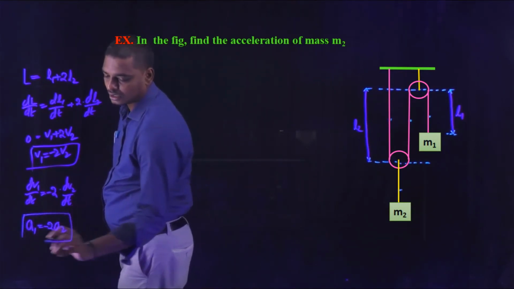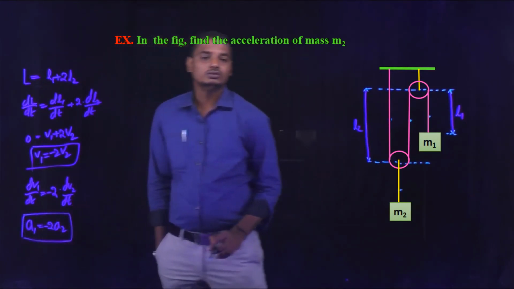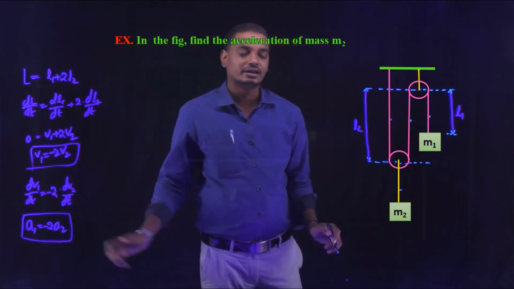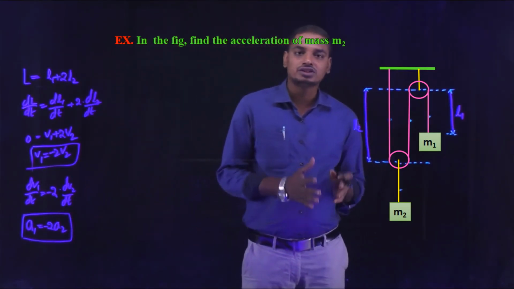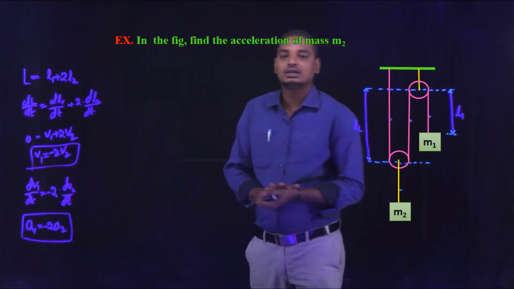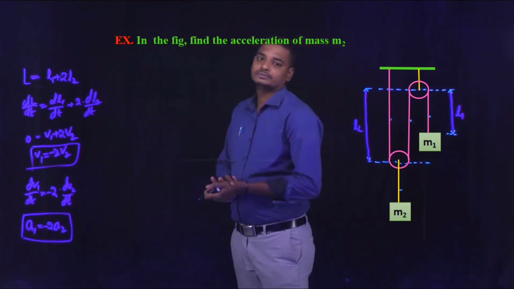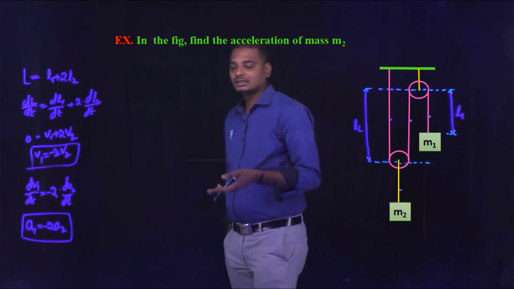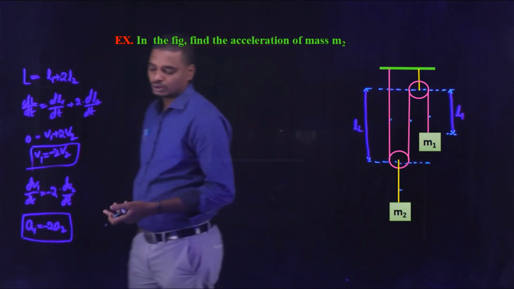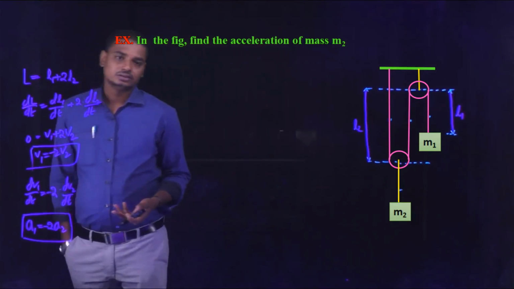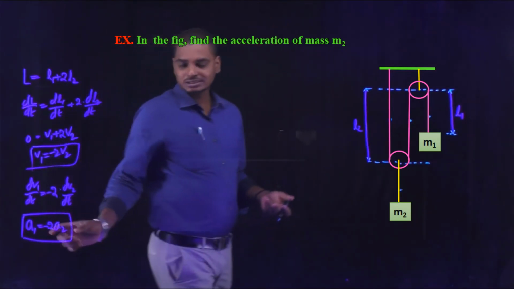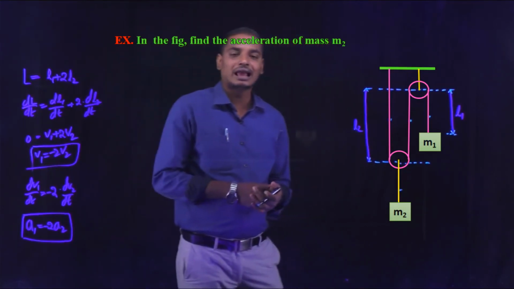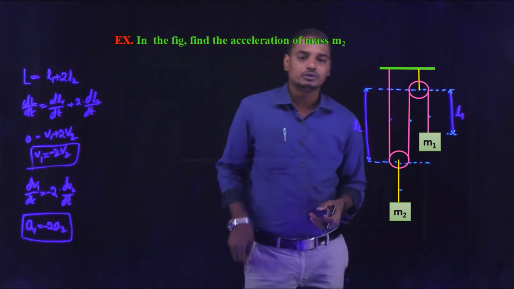The negative sign indicates that the acceleration of the first block is opposite to the acceleration of the second block. If the acceleration of the first block is upwards, the acceleration of the second block is downwards. This is the relation between the accelerations of the two blocks, but we need to find the acceleration of the mass m2.